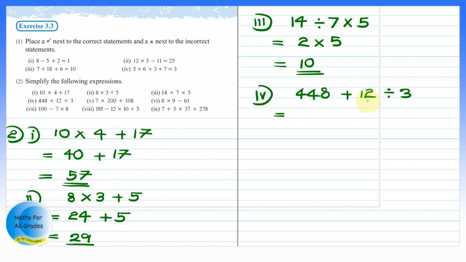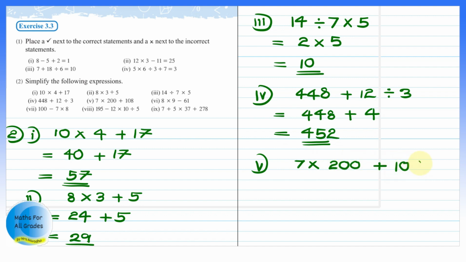Here we go for the division first. 12 divided by 3 equals 4. Here we have 448. 448 plus 4 equals 452.